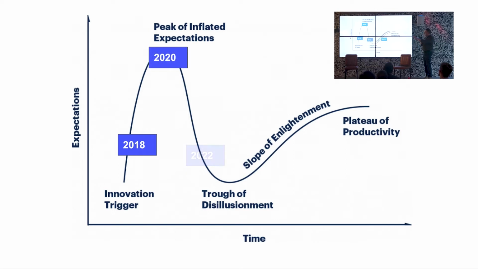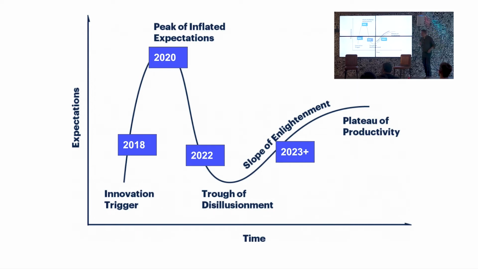I'd say that innovation trigger and the peak of inflated expectations was around 2020, certainly when Snowflake raised their IPO and when dbt Labs raised their money.